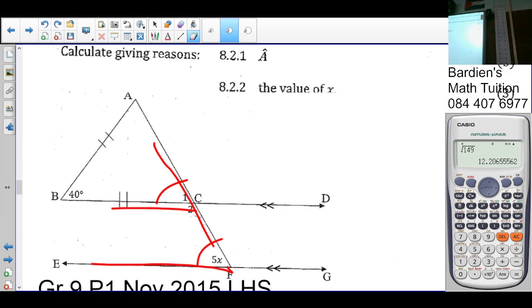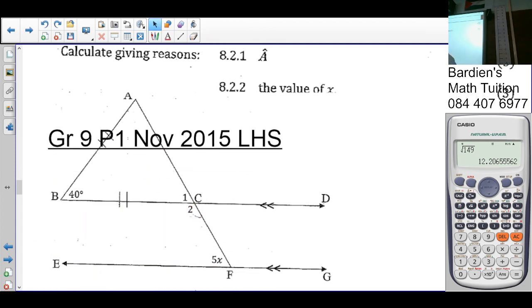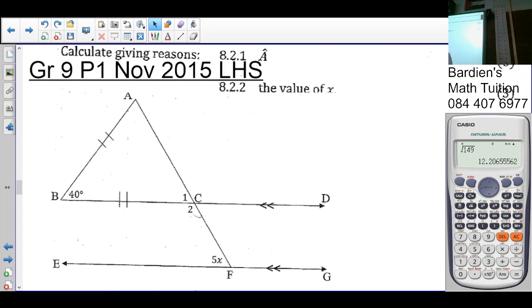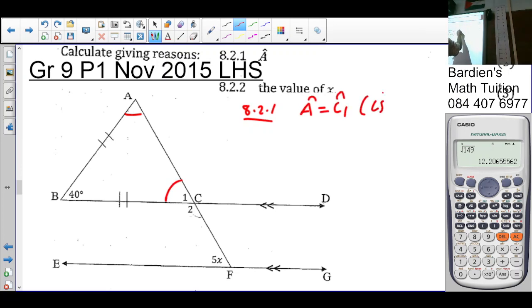Alright, so if we start by saying that angle A, 8.2.1, we know that angle A is actually equal to angle C1. Why? Angles opposite equal sides.